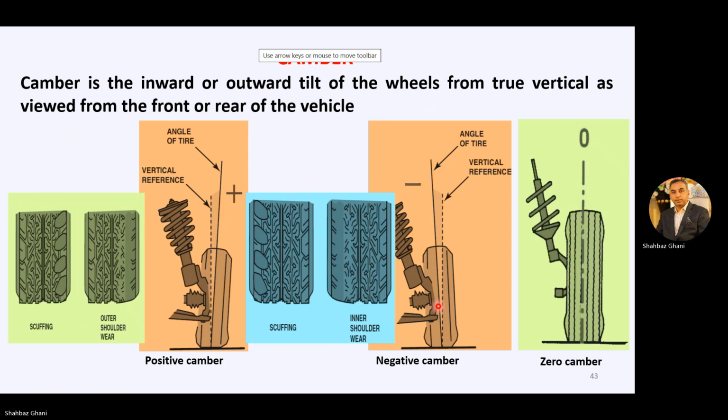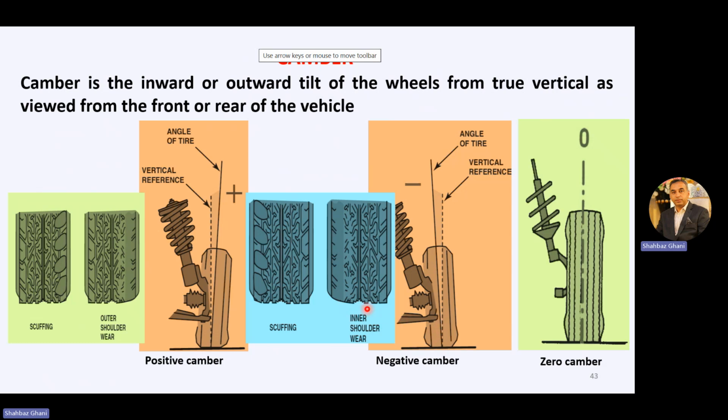Now, in this figure, if you are viewing from the front and this is your vertical axis, but the center axis of the tire is like this, this angle from the vertical reference means the wheel is tilted inward viewing from the front. So that is known as negative camber.